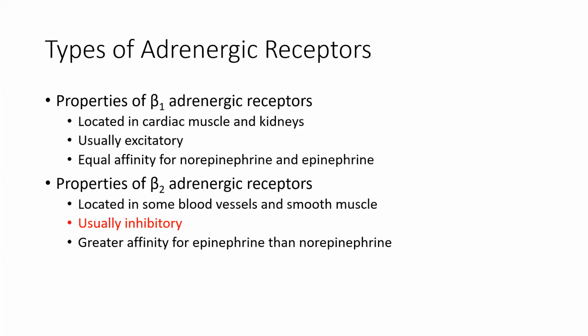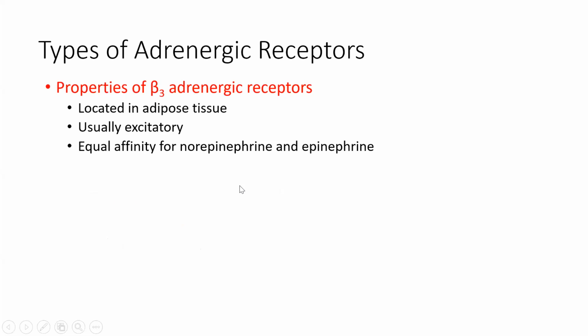So again, beta 2, usually inhibitory, and then the affinity here is greater for epinephrine than norepinephrine. So kind of a flip-flopping of what we saw with the alpha receptors in general. So beta 1, equal affinity, beta 2, greater affinity for epinephrine, meaning that beta 2 receptors have a higher binding to epinephrine than norepinephrine. And then beta 3, usually on adipose tissue, usually also excitatory, and then also having an equal affinity, just like what we saw with beta 1 receptors.